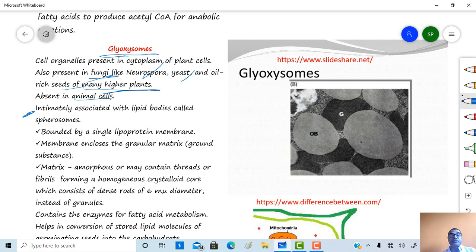These are bounded by a single membrane, and this single membrane is lipoproteinous. This lipoproteinous membrane encloses the granular matrix, generally considered as the ground substance.